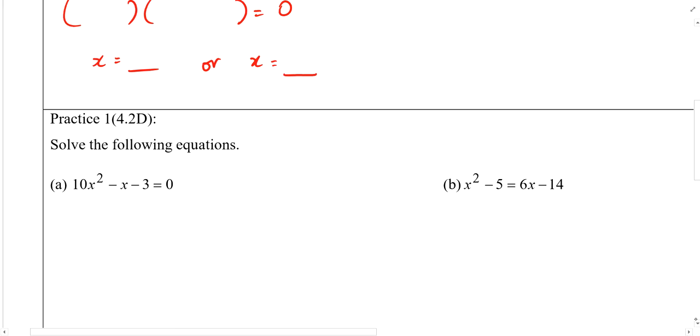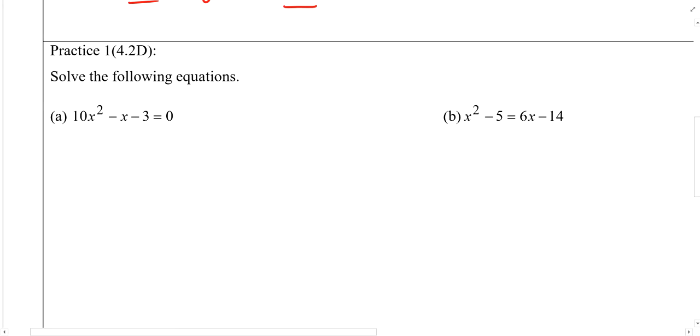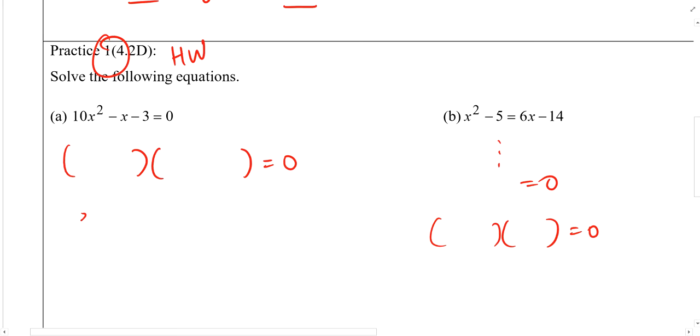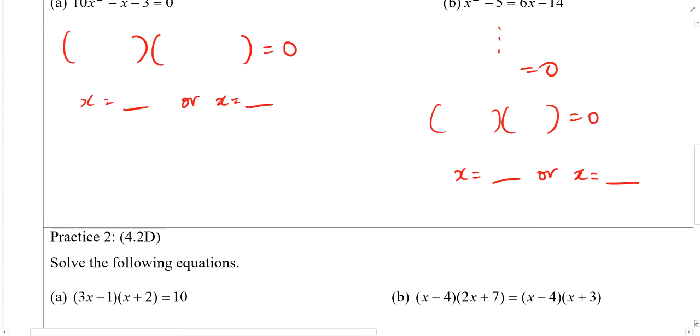This is also a homework question. Practice 1, also your homework. Just factorize. These are the steps which you can do yourself. I'm showing you that they are all very standard questions.